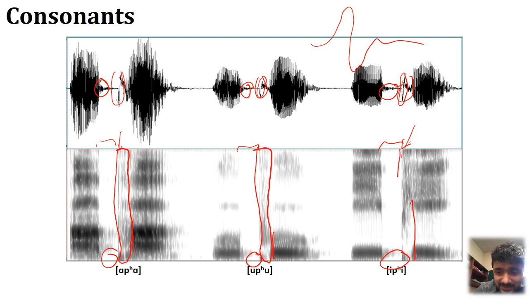This is a clear signature of rich noise. It's spread across all frequencies. So you have a stop followed by a burst, followed by noise, followed by the onset of the formants of the next vowel. So it must be an aspirated stop. Pa, pu, pu, e, p. Right? This is the first time you looked at it.